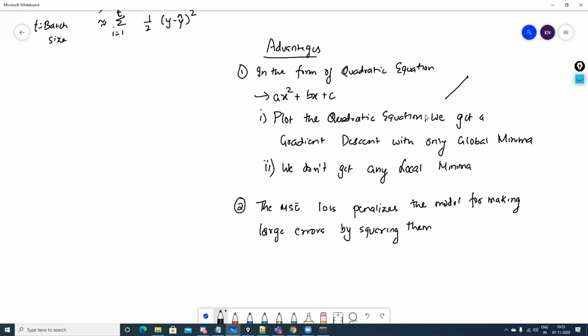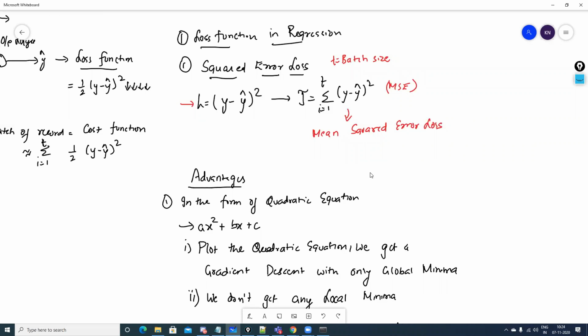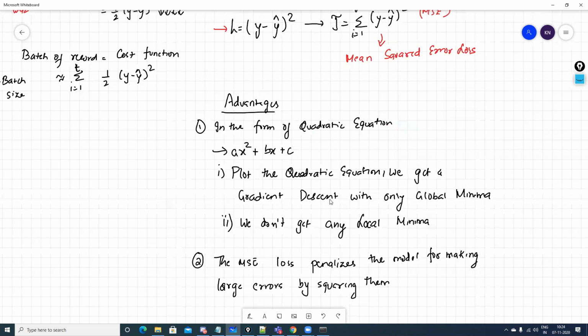Now just imagine that your y minus y hat is huge. The error is huge. If the error is huge, we are squaring it. That basically means that if your error is mistakenly huge, we are going to penalize it by squaring it.